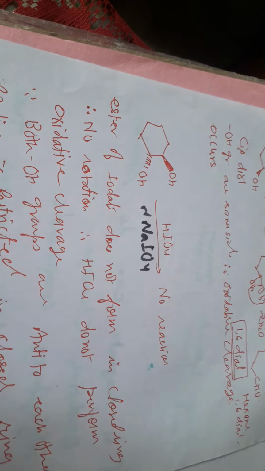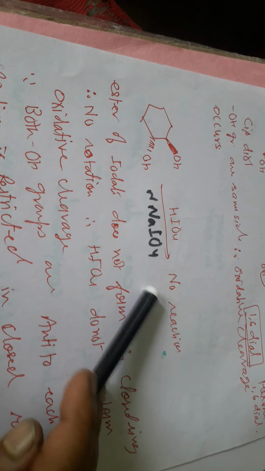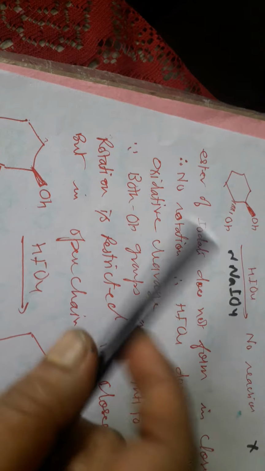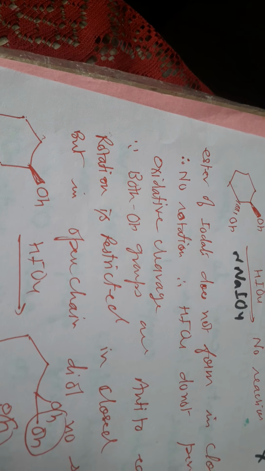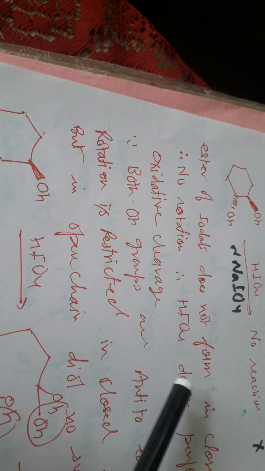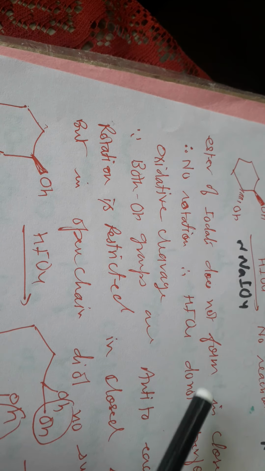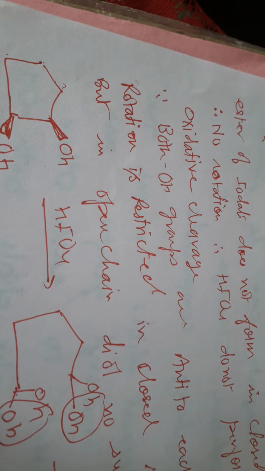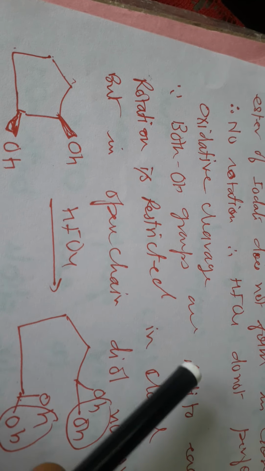Now, the cyclic ester of iodate does not form in the closed ring. So no rotation, so HIO4 does not give any oxidative cleavage. But in open chain, this restriction is not there. So in open chain, they will give this reaction. Earlier, we have discussed this.